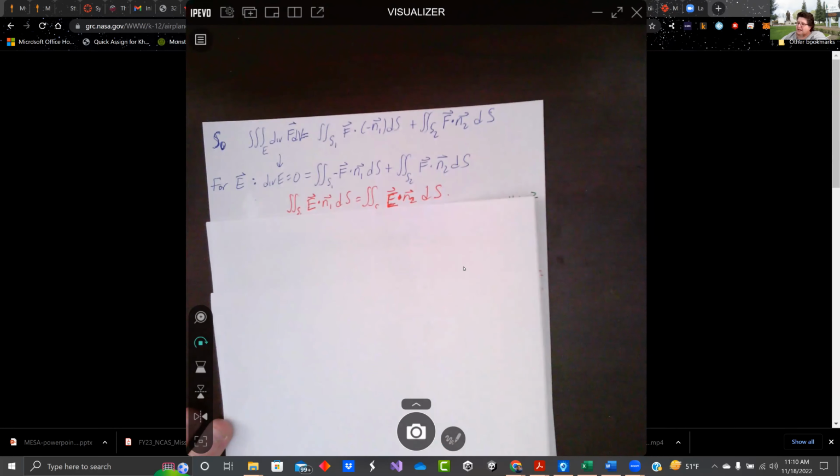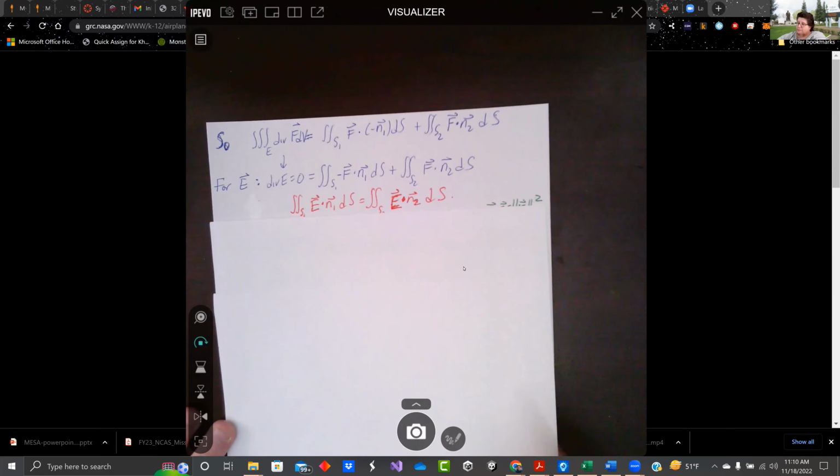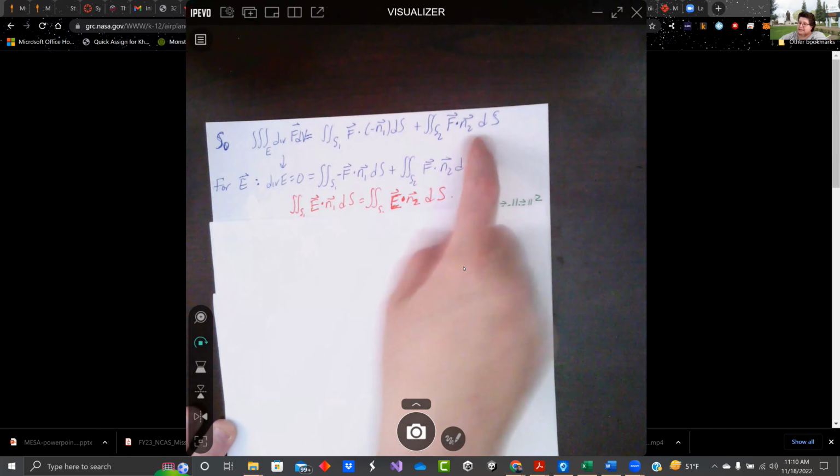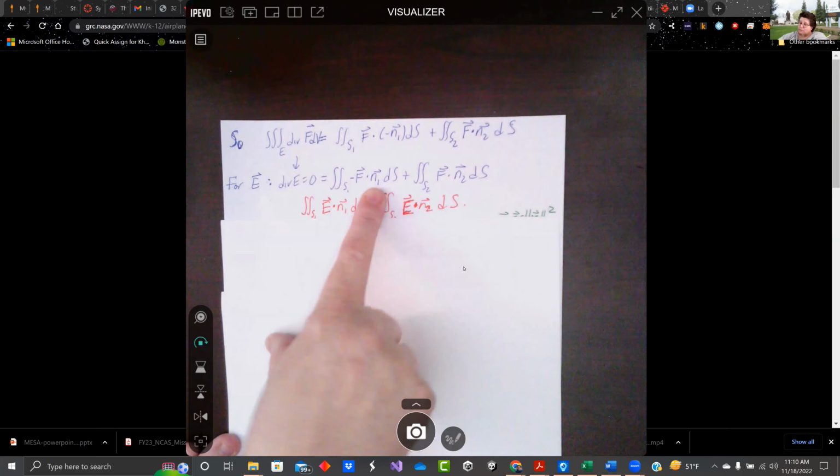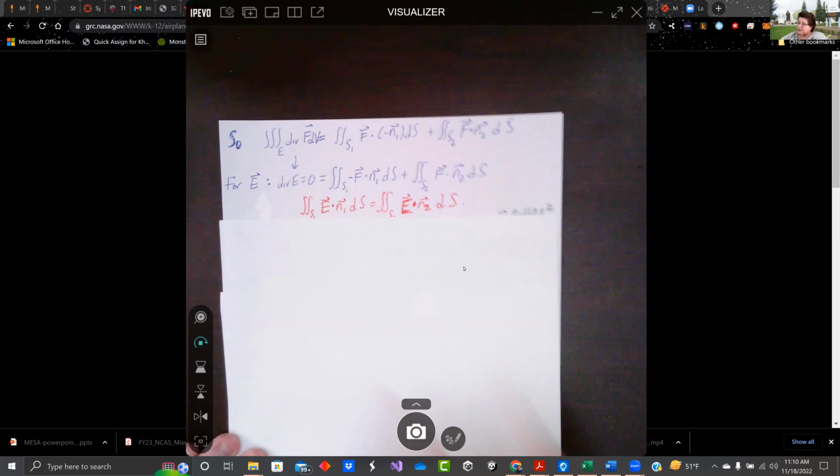So we've got the divergence of F, and we had it over two surfaces. We said it was equal to 0. One of these had a negative in it, the N1 was negative, so we can move it to the other side.